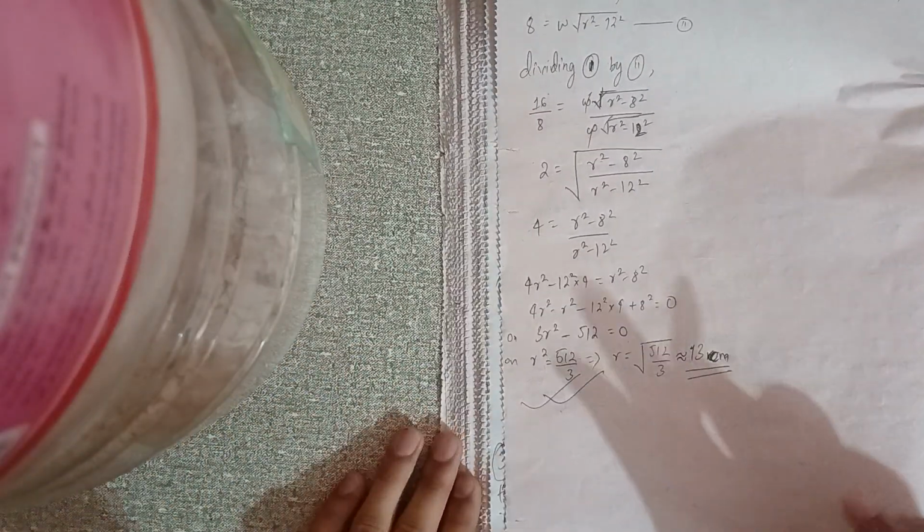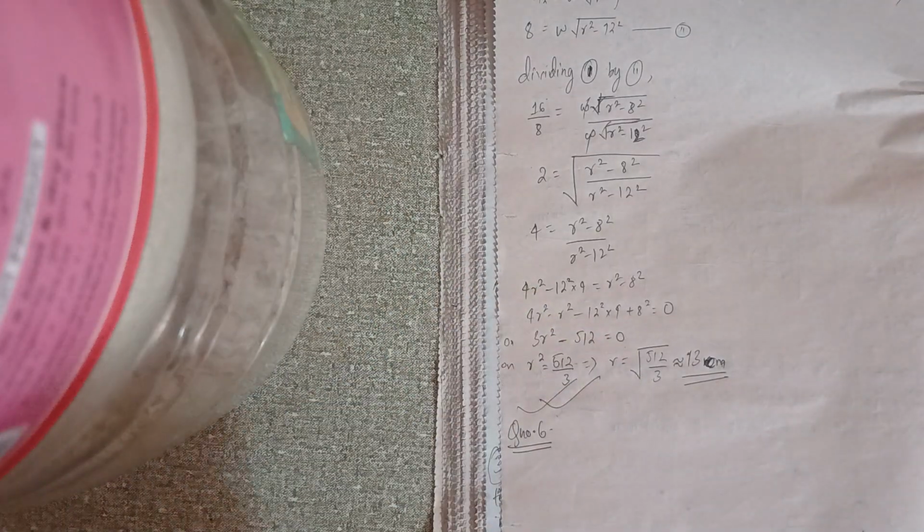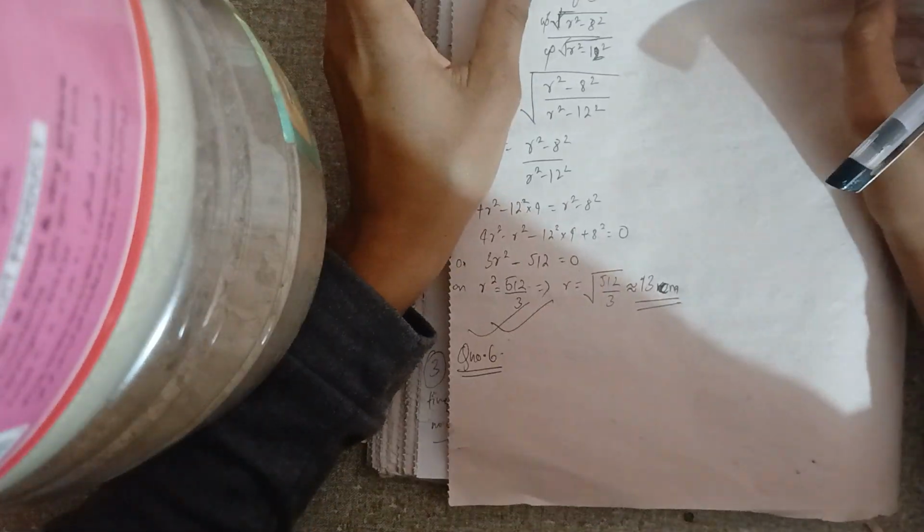Oh no, question number 6 is important, more than question number 7. So yes, we're doing 6, and let's see if we will do 7 or not. That is a future thing.